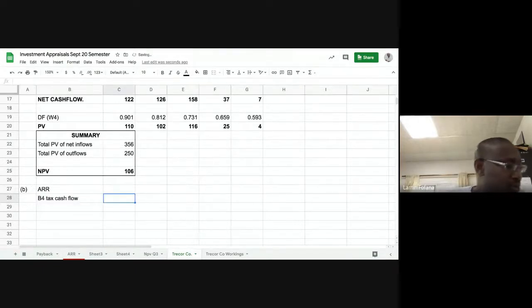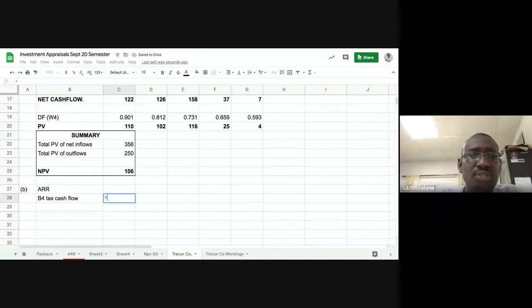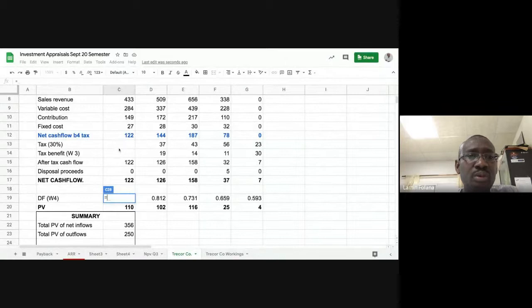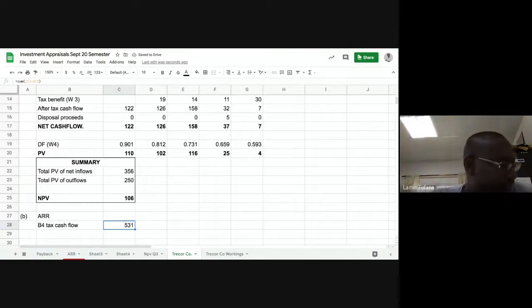So let's add them. Sum, bracket opens, all these things, we close our bracket. So that will be about 531,000. Okay, is that clear? 531,000.